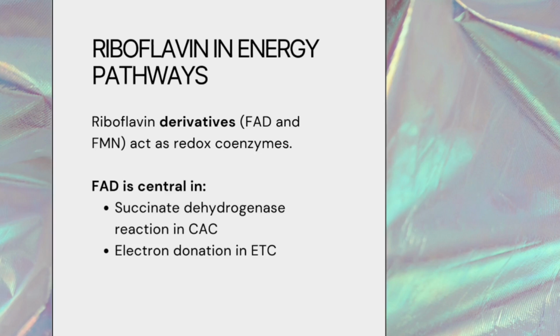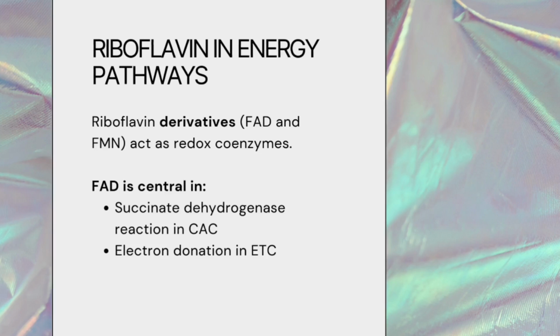During this reaction, FAD is reduced to FADH2 as it accepts 2 electrons and 2 protons from succinate. Its significance: the FADH2 generated here carries high-energy electrons, which are crucial for ATP production in the electron transport chain.